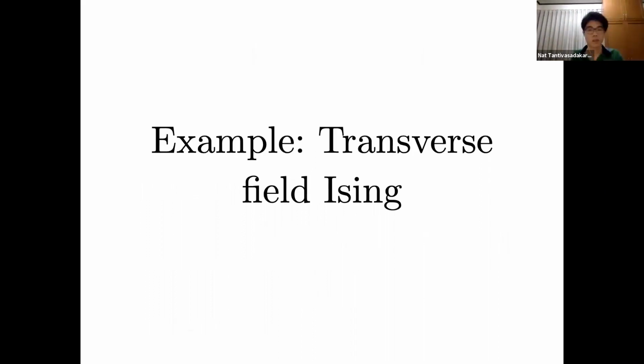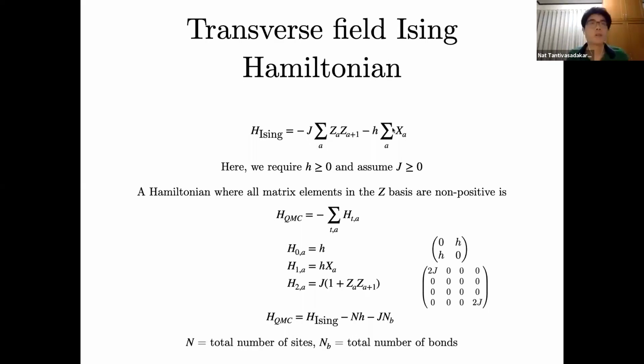Okay, so I'm going to simulate a transverse field Ising model. This can be in any dimension, so I can put it on any lattice I want with arbitrary vertices and bonds. The Hamiltonian would just be the negative sum of your Pauli X on each vertex and a ZZ term for each edge.